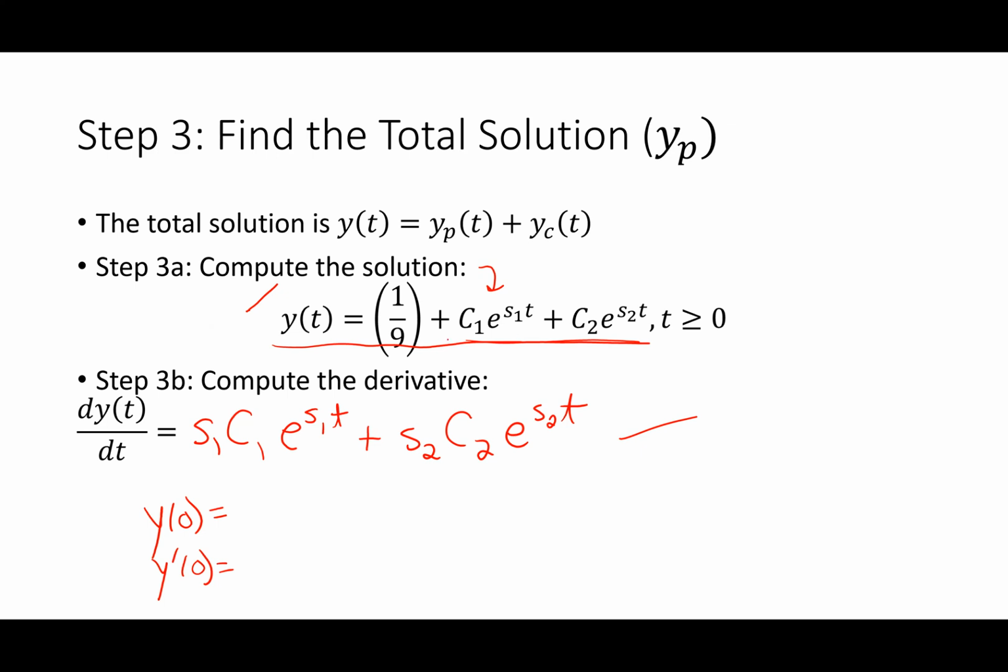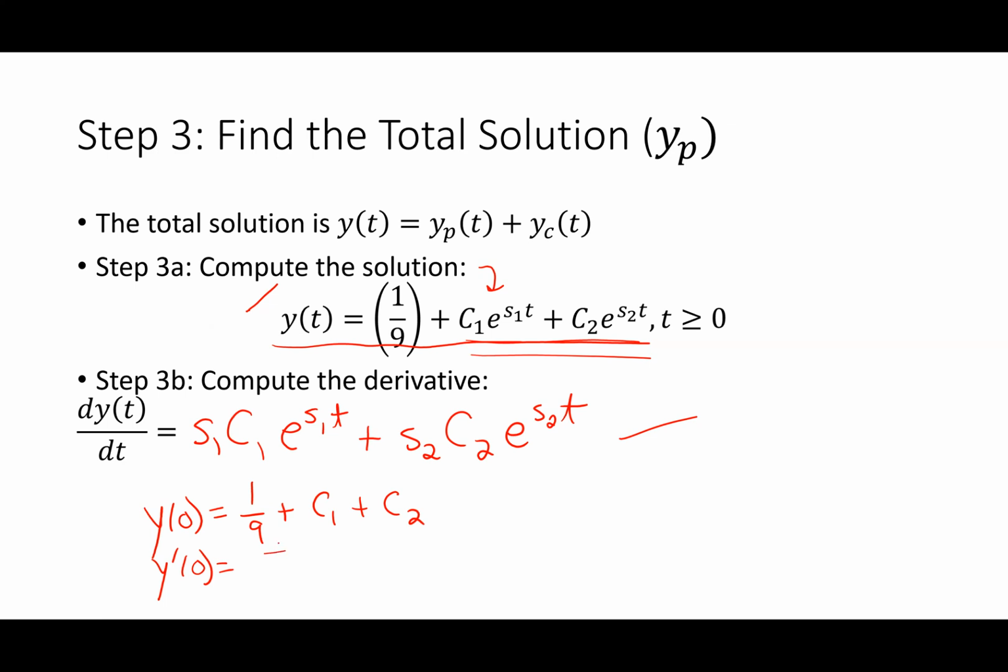What happens when I plug in t equal to 0 over here? My exponentials become what? They don't really drop out per se, but what do they become? e to the 0 is what? 1, right? So I get that this is 1/9 plus C1 plus C2.